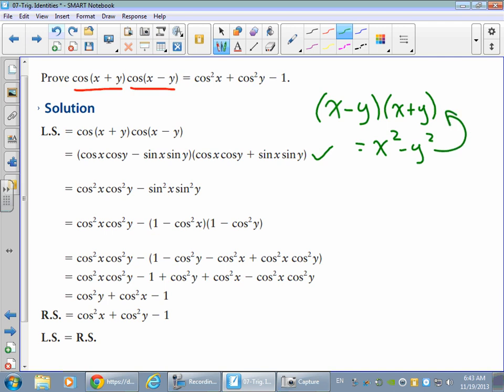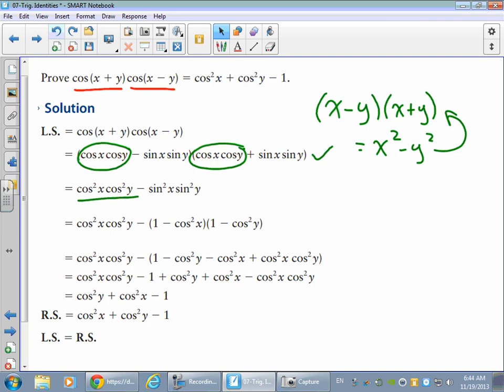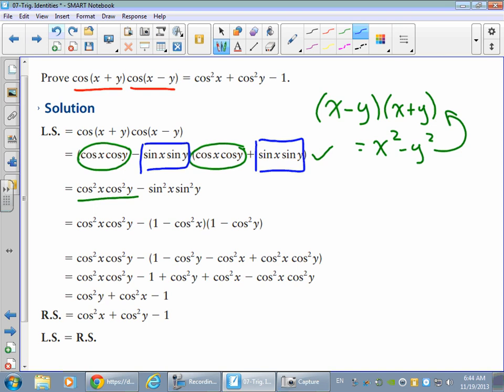So what we have in here is this term times itself, so that term squared, cos x squared, cos y squared. We then also have this term times itself again to get the second part of the expression here.